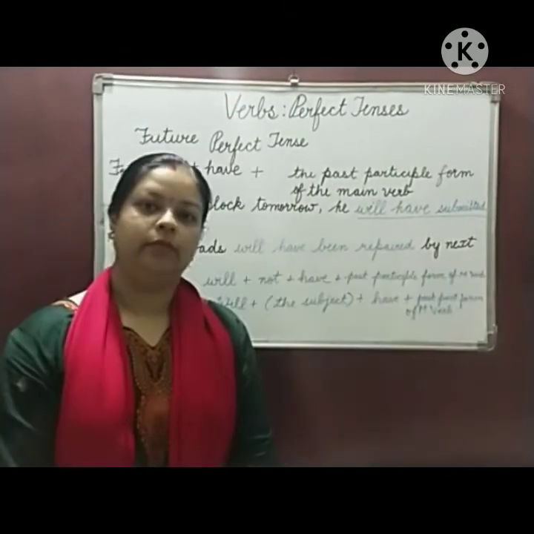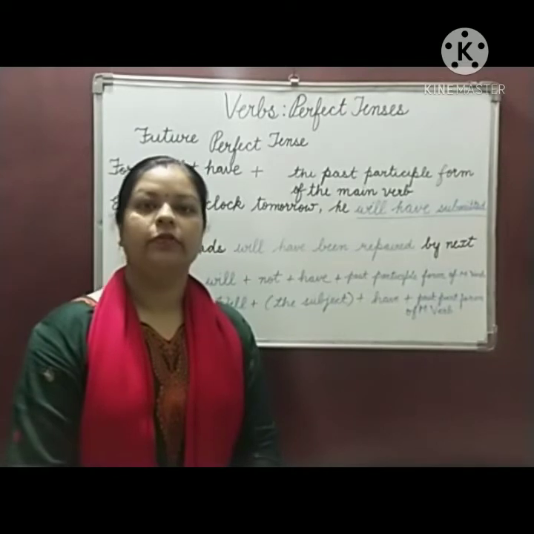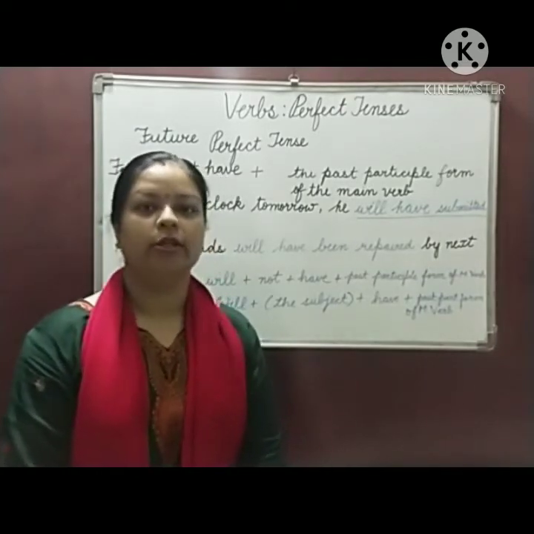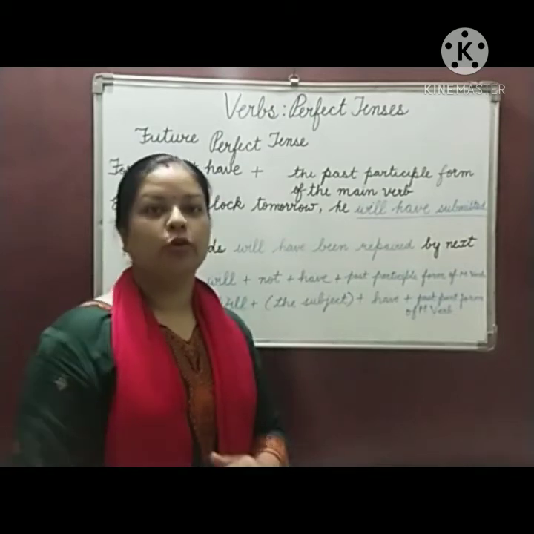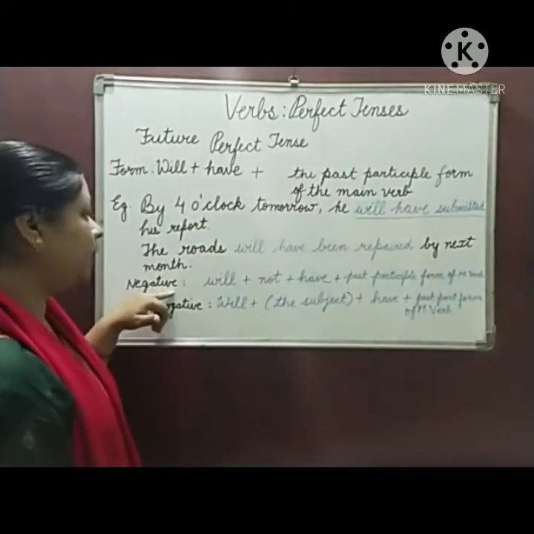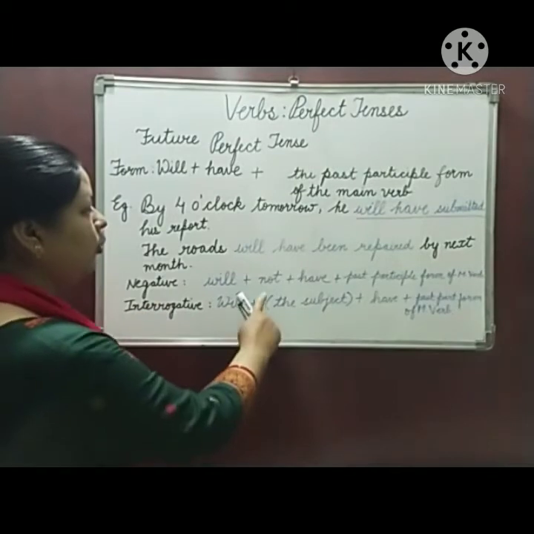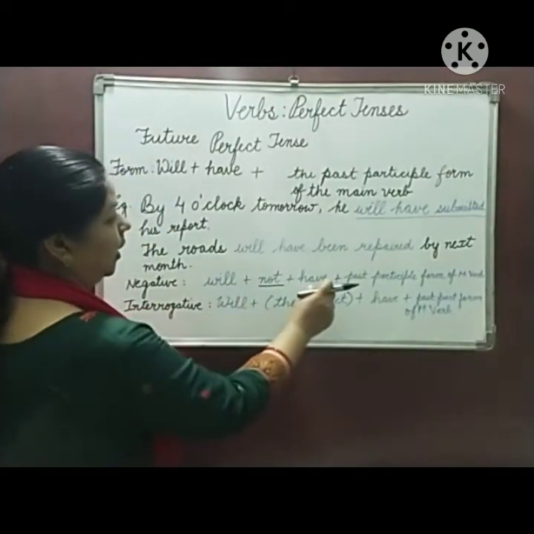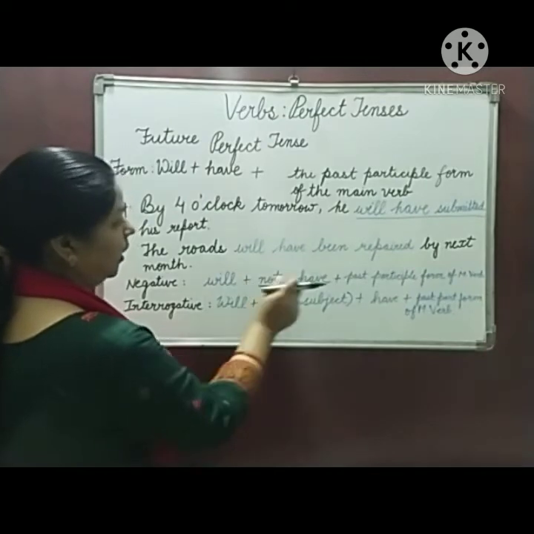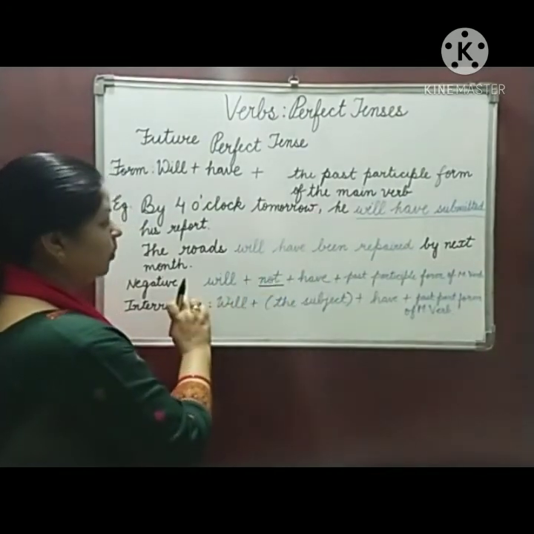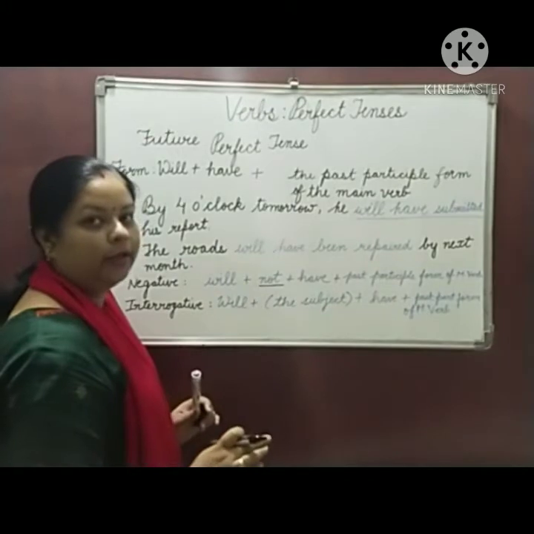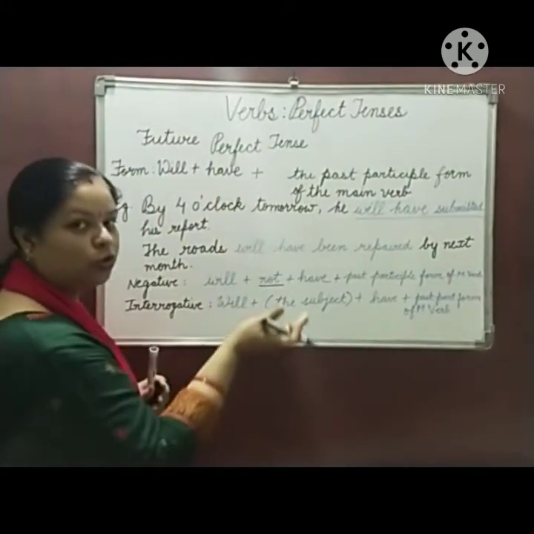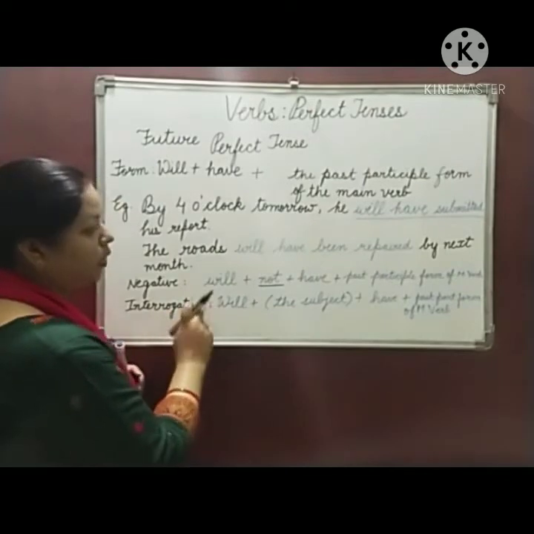One more point which we shall remember here is how to form the negative and interrogative of future perfect tense. Here you can see, children, in the negative we add not in between will and have to make the sentence negative. After that, to change the future perfect tense into interrogative, how will we begin?